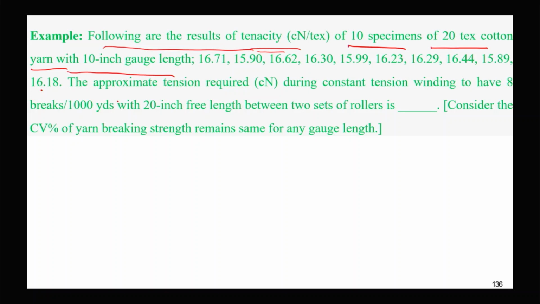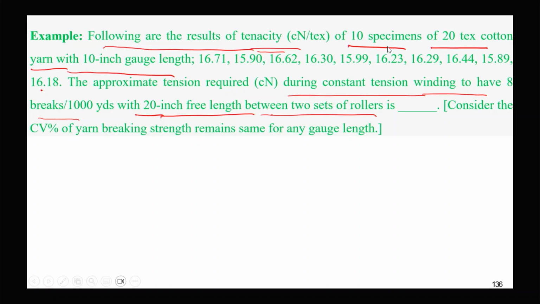Now, the approximate tension required in centinewton during the constant tension winding test to have 8 breaks per 1000 yards with 20-inch free length, that is gauge length, is what we want to calculate.